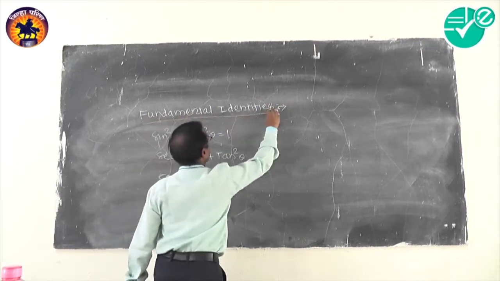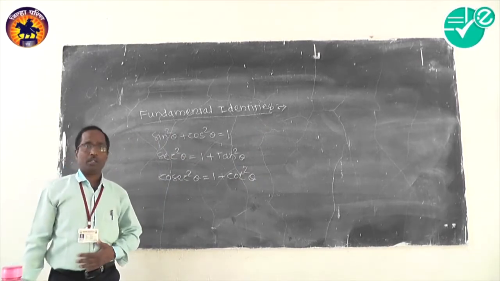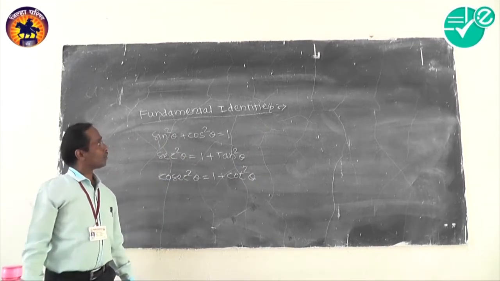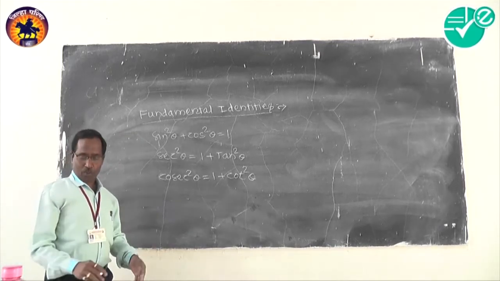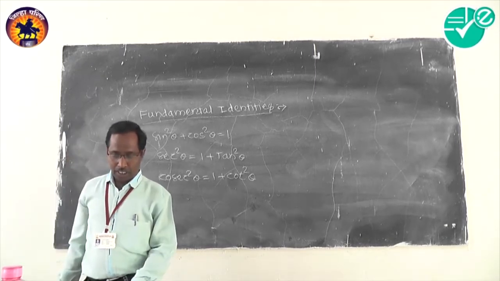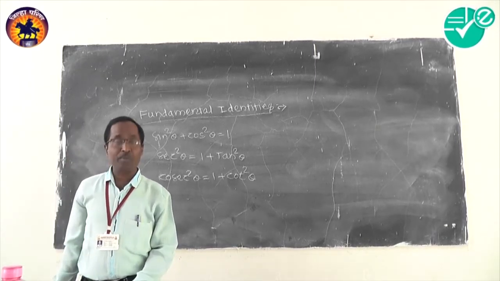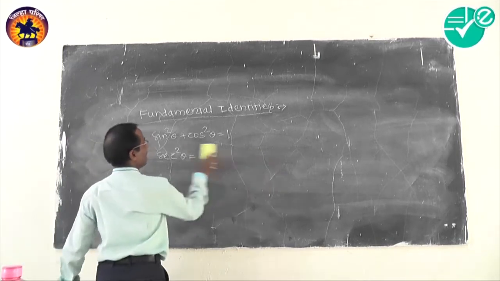Now by using all these fundamental identities, we are going to take examples on fundamental identities, and on the concepts we studied in previous lectures. Now write down the examples.